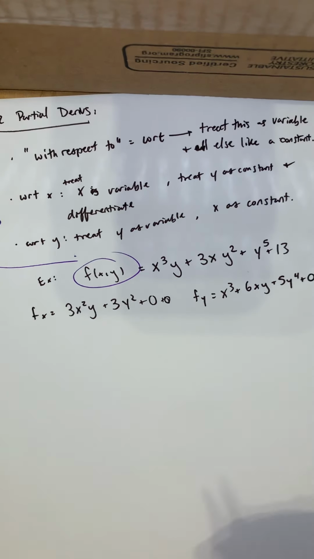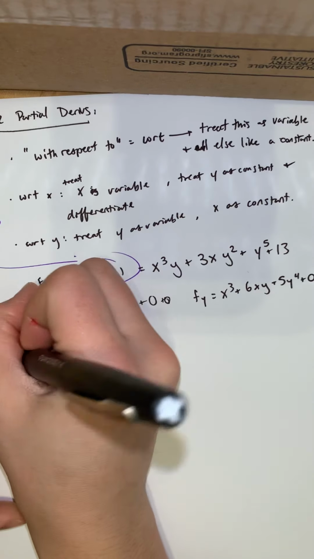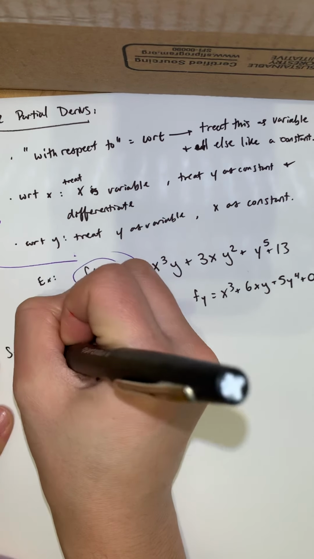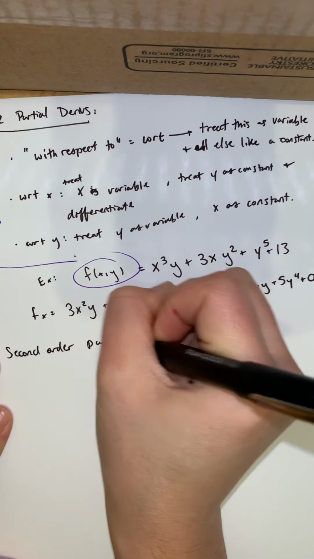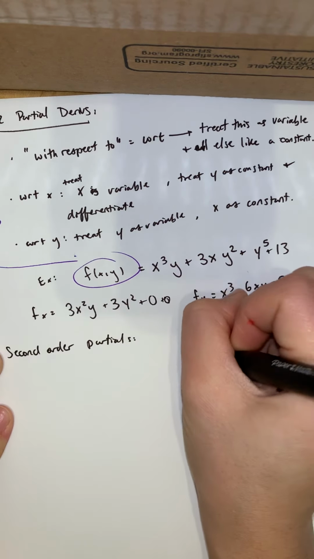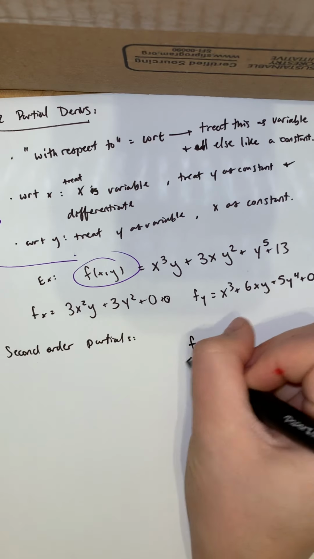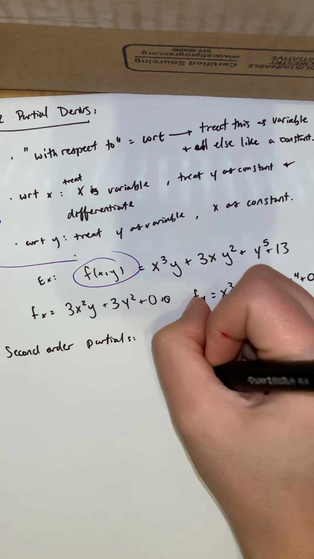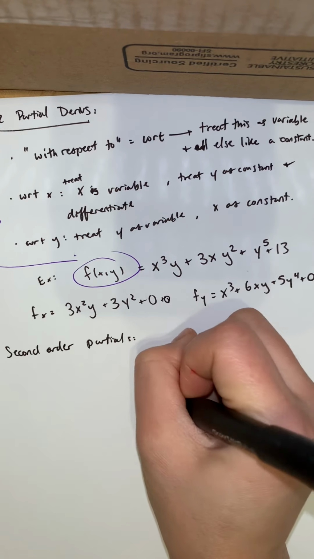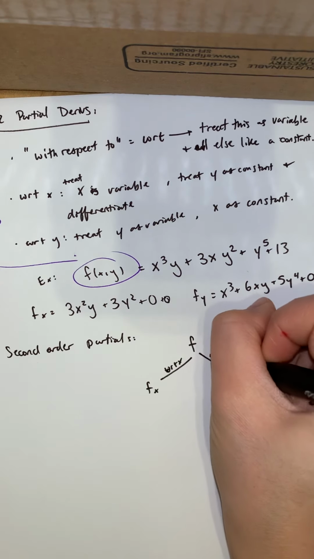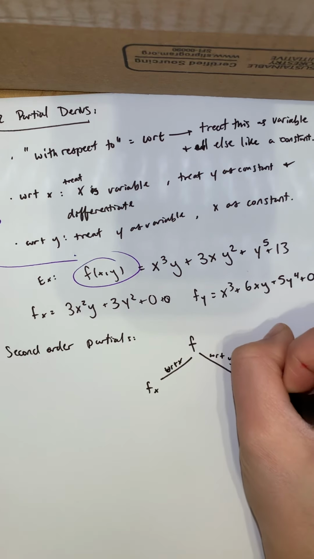Okay, we saw that we could do this with higher order partials, or second order partials is really what we care about. And my favorite way to do this was with the tree. We had our f. Down to the left, this was always with respect to x, so you got f sub x. Here was always with respect to y, I got f sub y.